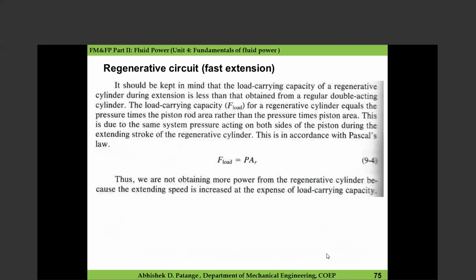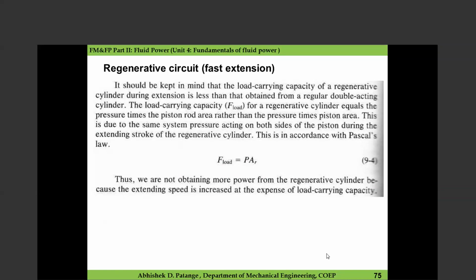Now, let us keep one thing in mind, that the load carrying capacity of a regenerative cylinder during extension is lesser than what we obtained for the simple double acting cylinder, because the load carrying capacity of a regenerative cylinder is equal to pressure into the connecting rod area, rather than pressure into the piston area.